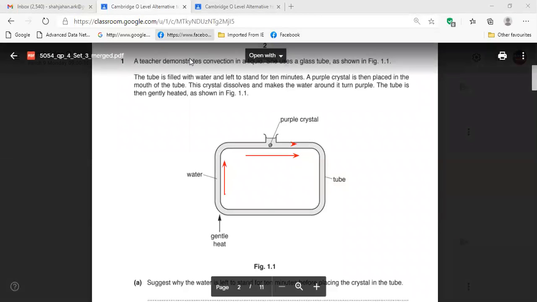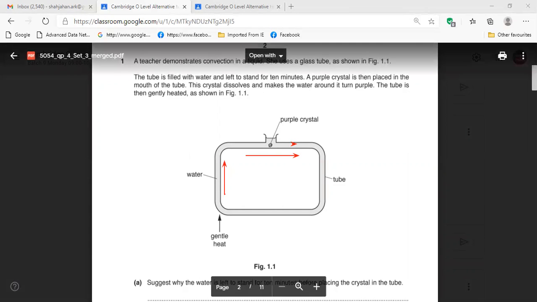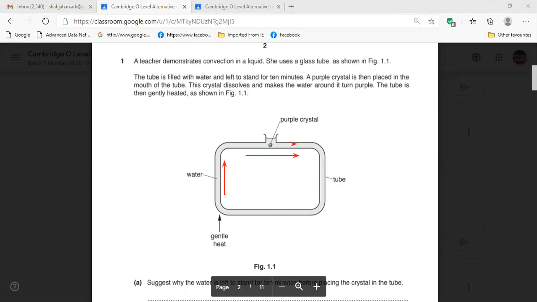And if someone is drawing freehand and gives the direction circular like this, that is also accepted, right?